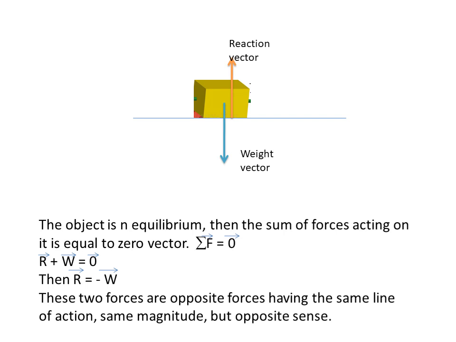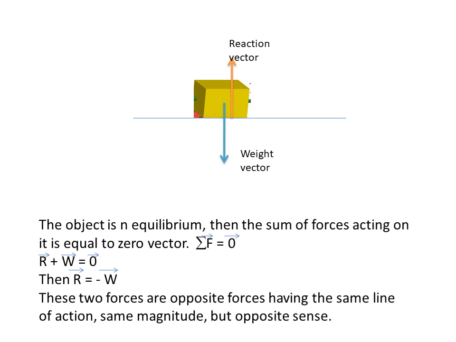The line of action and the direction are vertically downward. Vertical means perpendicular to the horizontal. Downward because this is the direction of the pull of gravity. So why do we say that this object is in equilibrium? Because the sum of all the forces acting on it is equal to a zero vector.